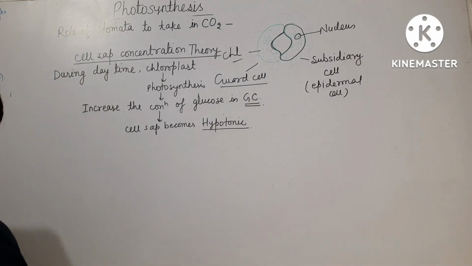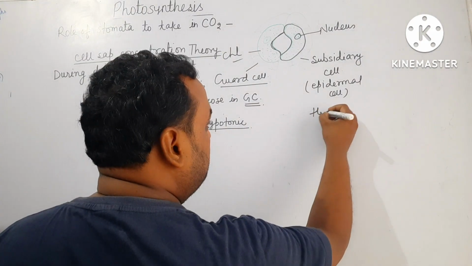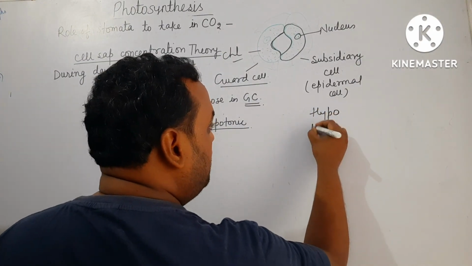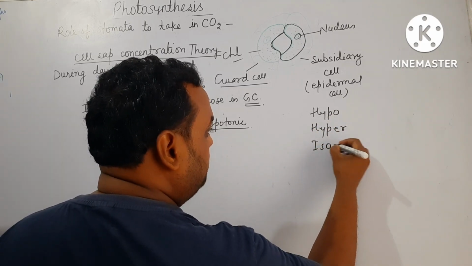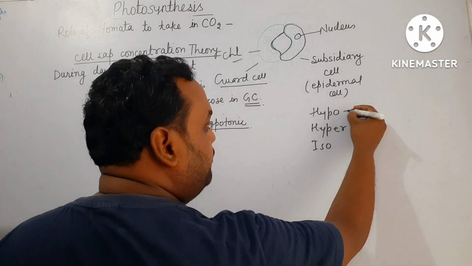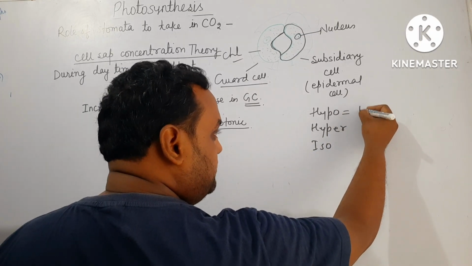Okay, hypotonic. So actually tonicity is of three types: hypotonic, hypertonic, and isotonic. In the hypotonic, the number of solutes will be less.